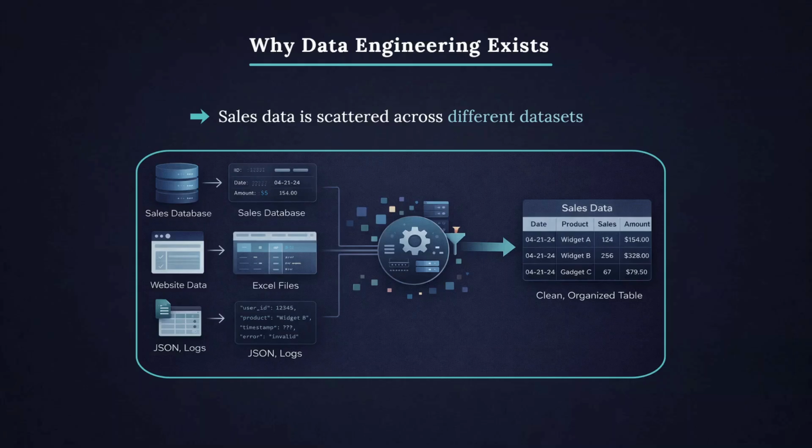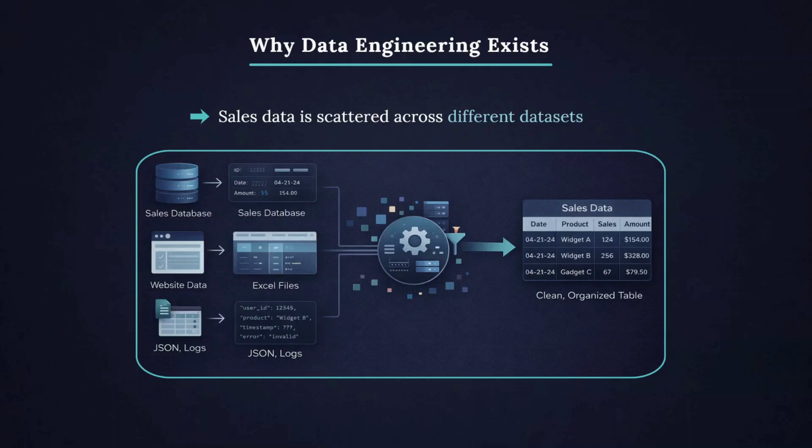So even though all of this is sales data, it's spread across different systems in different formats and at different levels of quality. In this form, this data is messy and you can't directly answer questions like how much did we sell yesterday or which product is performing best.